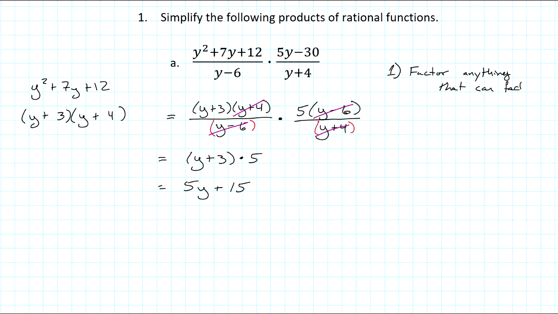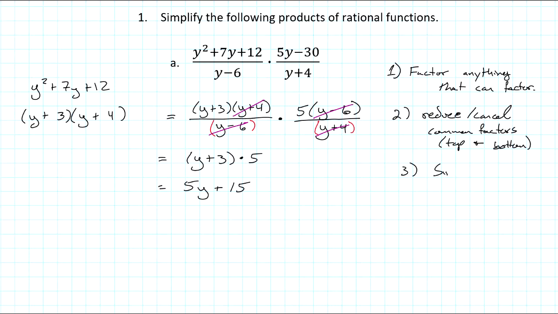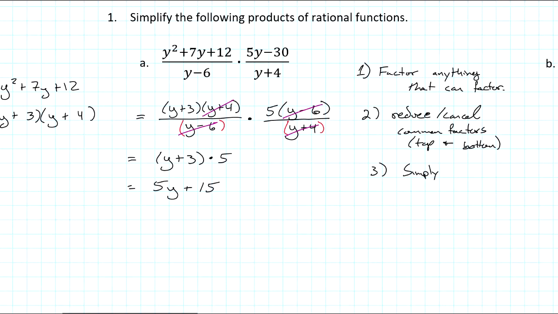Step two: reduce or cancel common factors, top and bottom, right? Not across. And then simplify in any way that we can after that. That's all the steps we have to worry about.